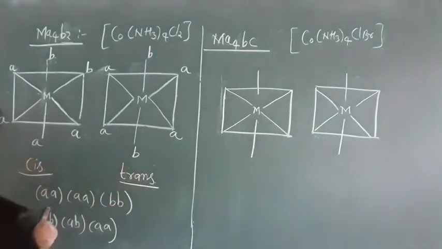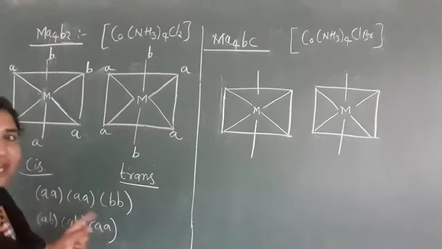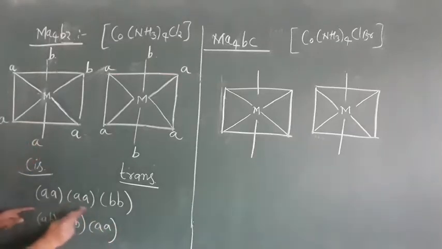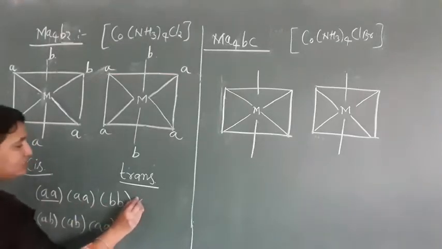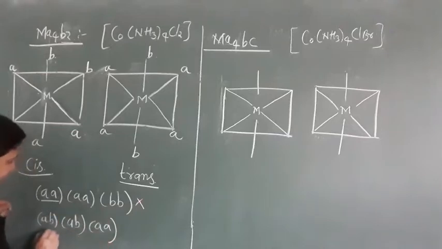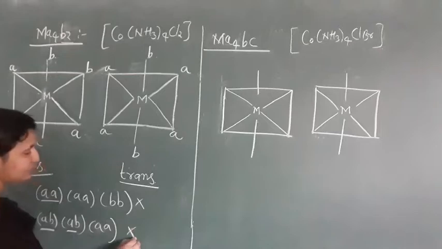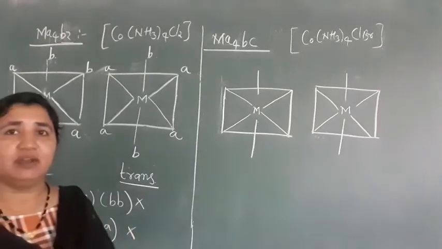In both cases there is no optical activity. Why? Because in our combination we have AA, so this is optically inactive, and here we have AB two times and A also, so this is also optically inactive.